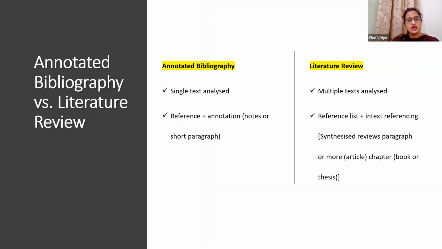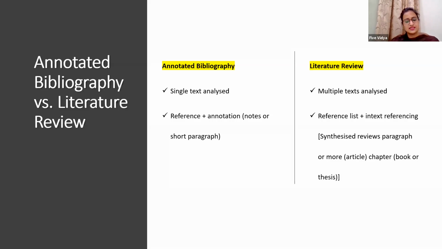The difference is that a literature review is generally a multiple-text analyzed form of review, wherein you analyze multiple literatures and present that in the form of a paragraph. Whereas an annotated bibliography is done for a single reference paper.